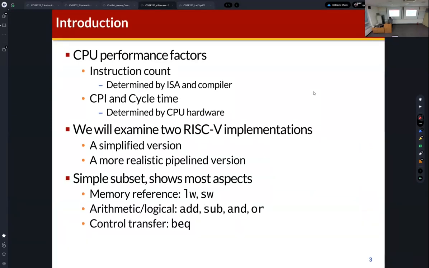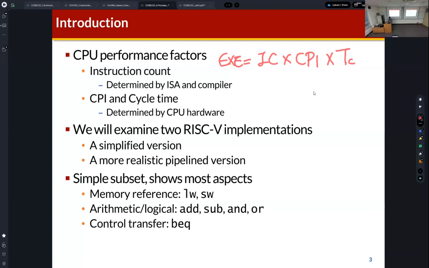Let's review what we learned in this course. In chapter 1, we learned about the performance of computer systems, right? What is the equation? The execution time is instruction count multiplied by CPI multiplied by clock period, right?